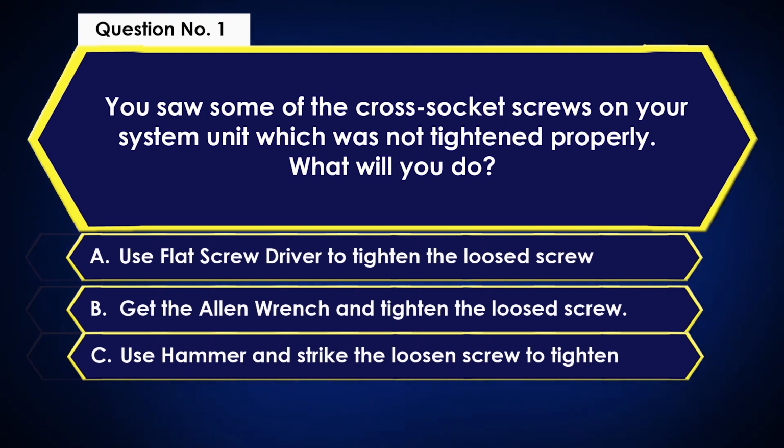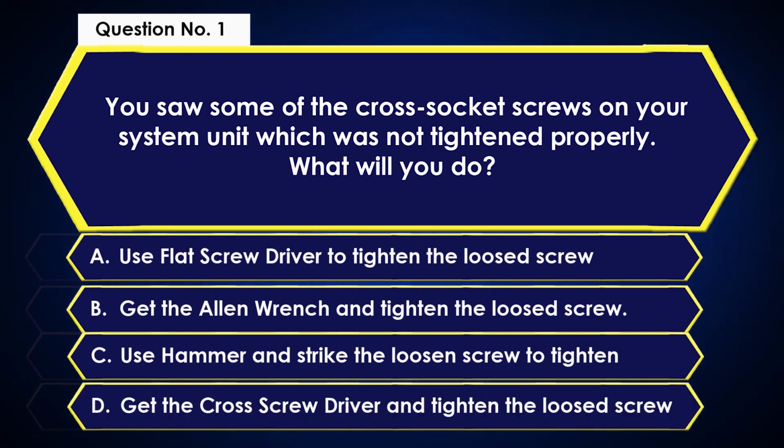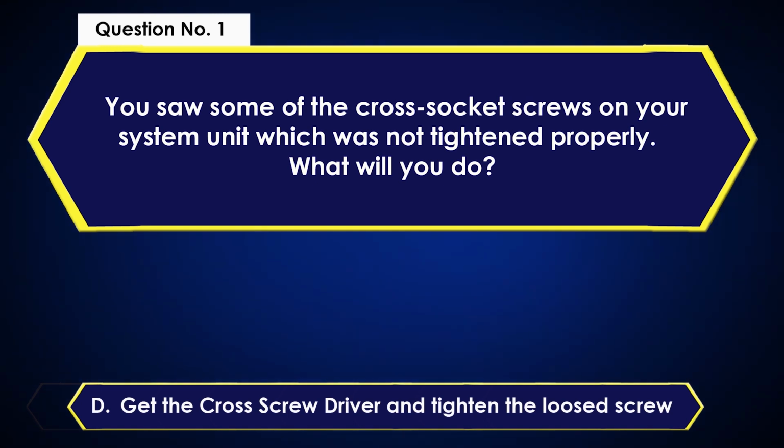C. Use a hammer and strike the loosened screw to tighten. And D. Get the cross screwdriver and tighten the loose screw. Is your answer letter D? Then you are correct.